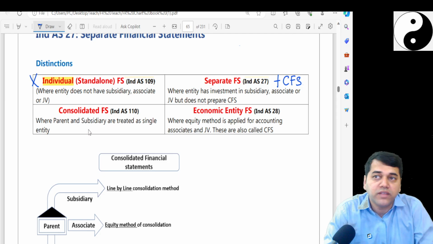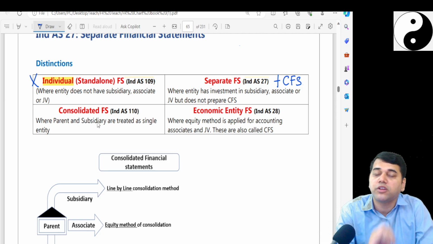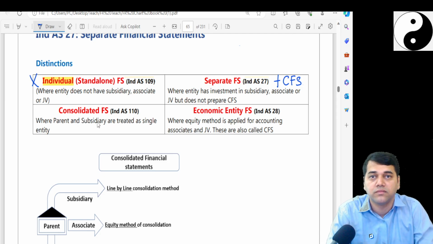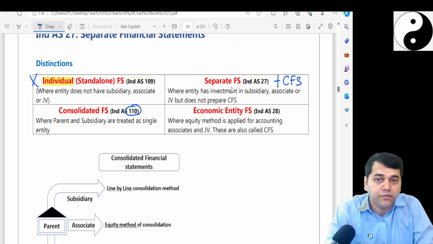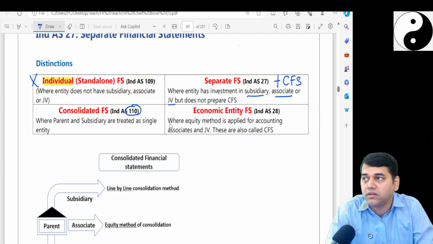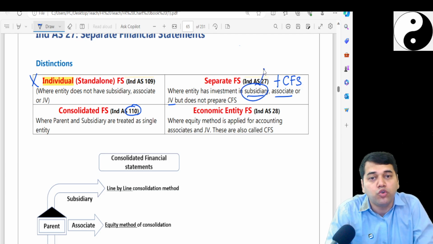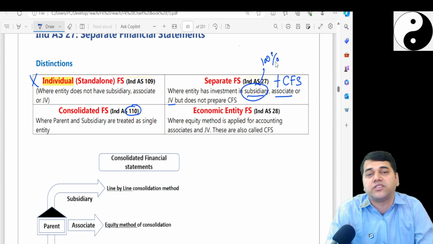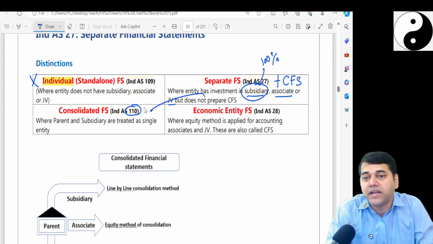Now, in consolidation also there are two types of consolidations. One is the consolidated financial statement as per 110. When we prepare a separate financial statement and I have a subsidiary, associate, or joint venture, I need to prepare a consolidation. When I have a subsidiary, I have to do 100% consolidation. That is governed by 110.